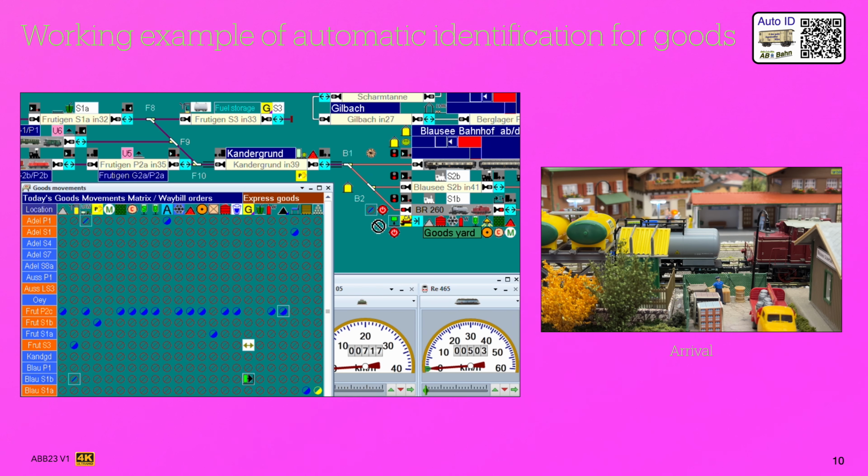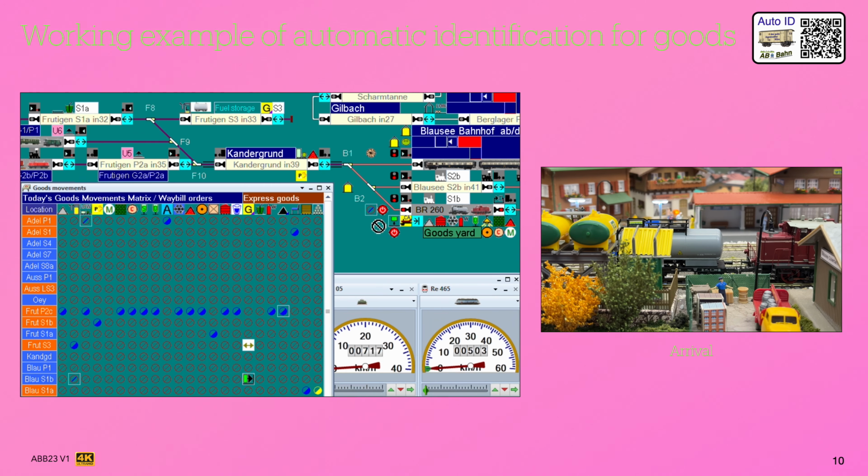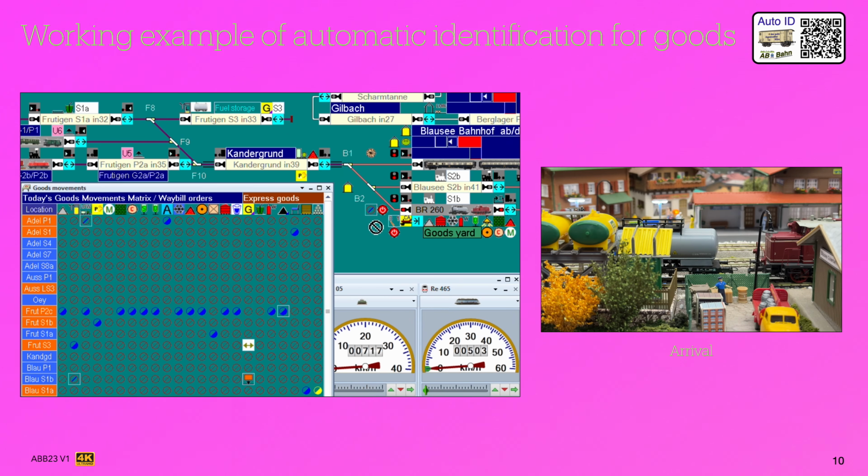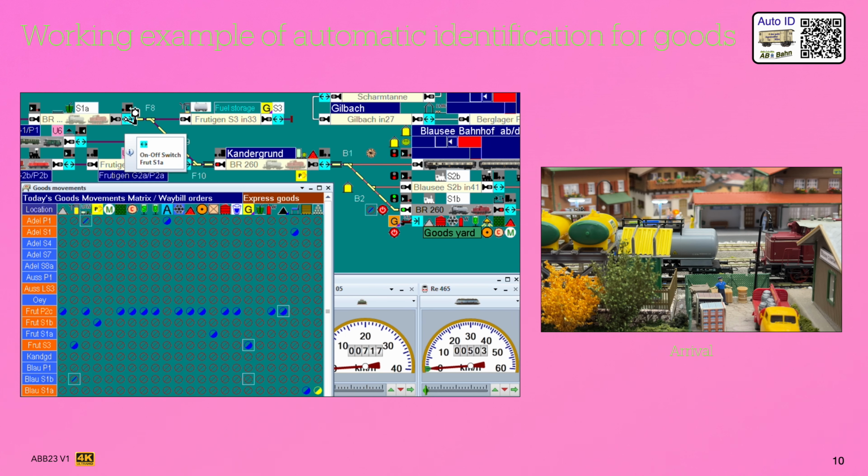Now unloading has commenced. The repeater in the matrix seems to lag behind. Don't ask me why. Now you can see the destination is empty, so we can move the train away and the system has acknowledged that the order is now complete.